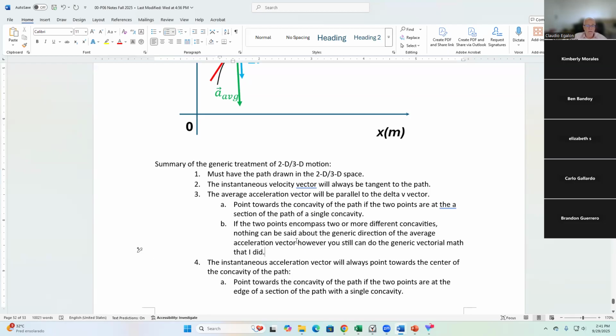The instantaneous acceleration vector will always point towards the center of the concavity of the path.